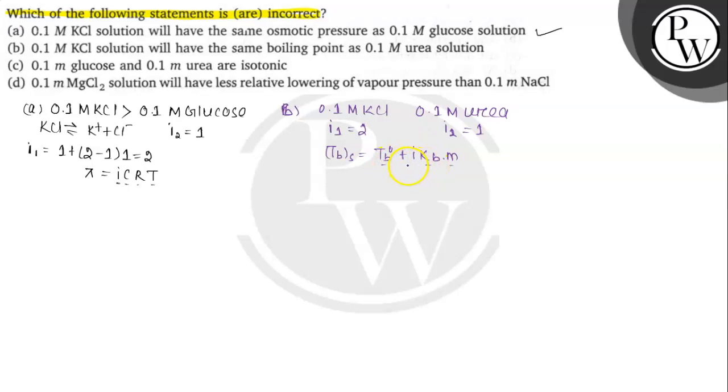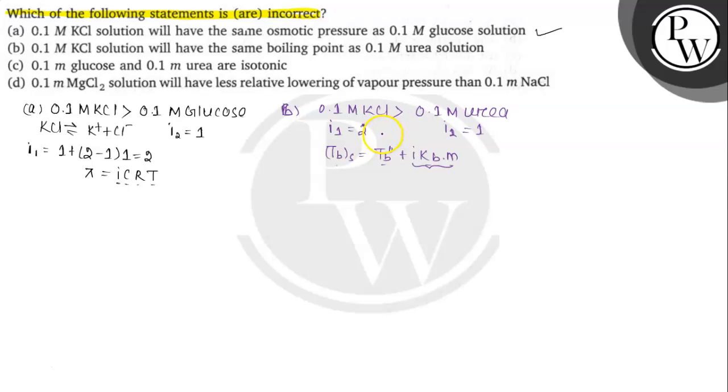As it is the addition of the boiling point of the solvent plus i into Kb into molality, that means if this part is higher, then the boiling point of the solution will also be higher. So the i value should be more. KCl has a higher van't Hoff factor in comparison to urea, as KCl has a van't Hoff factor of 2.